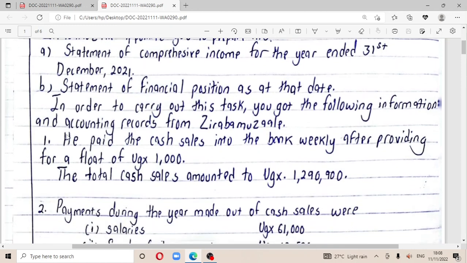So number one, he paid the cash sales into the bank weekly after providing for a float of 1,000. And still point one, they're saying the total cash sales amounted to 1,290,900.